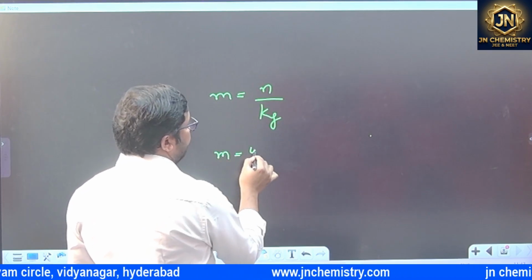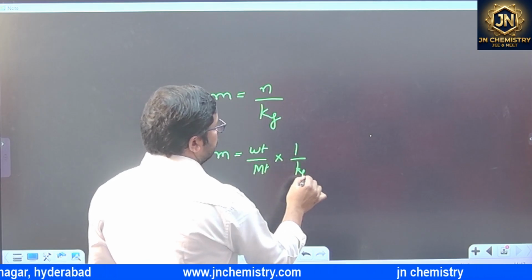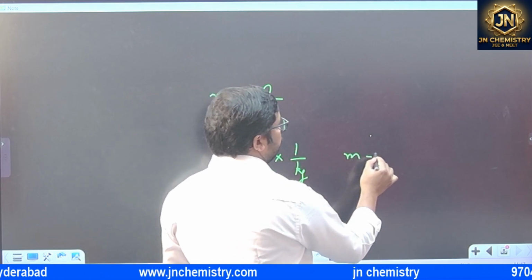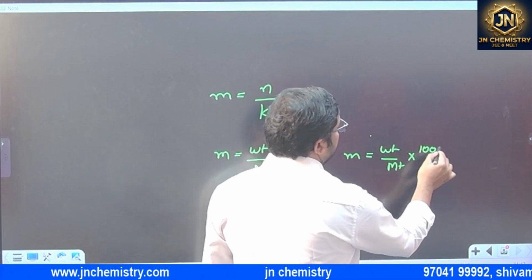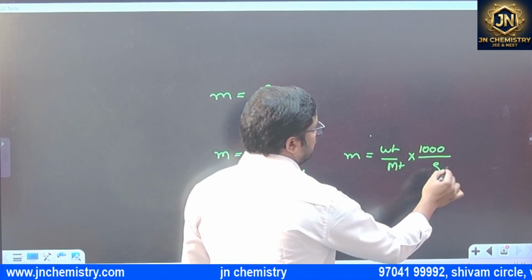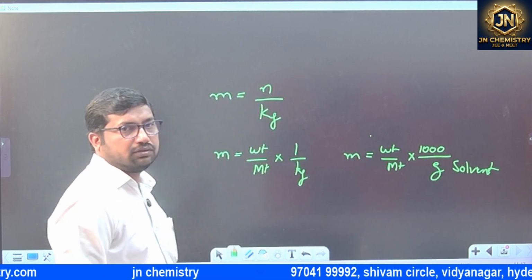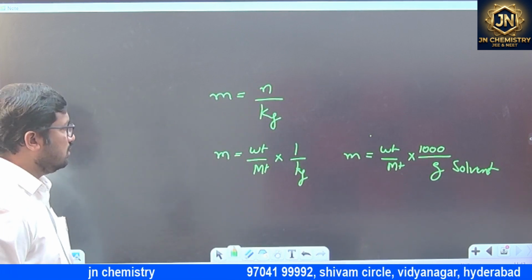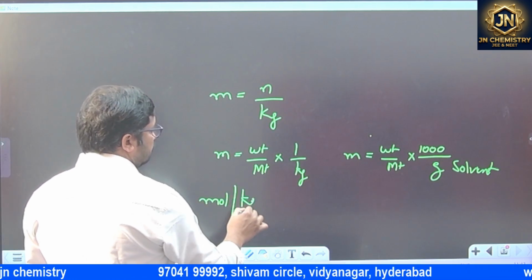Molality is equal to weight by molecular weight into 1 by kg of solvent. Molality is equal to weight by molecular weight into 1000 by grams of solvent. The units: mole per kg.